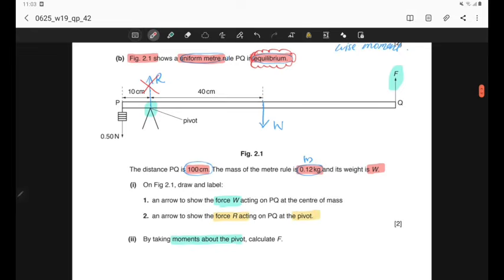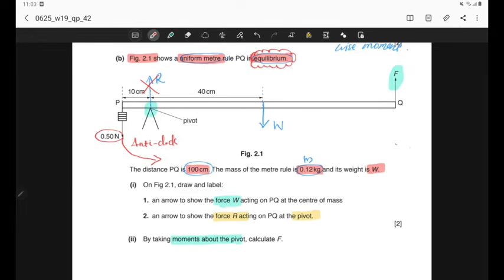The first one is the 0.50 Newton force, which is acting at P, and let's see which way it will cause this meter rule to rotate: in this direction, that is anti-clockwise, as shown in the figure.